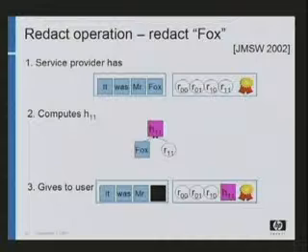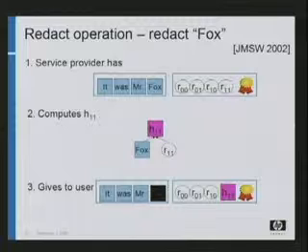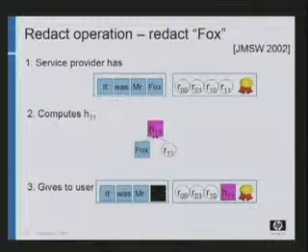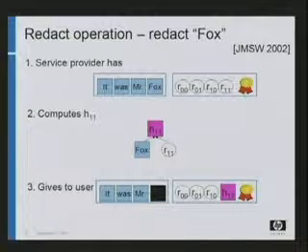For the redaction operation, for example, if we want to redact fox, that means we want to remove fox from the document. Now, the service provider will have to do the following. It will compute the intermediate hash for fox, which is H11, computed from the concatenation of fox and its corresponding random value.